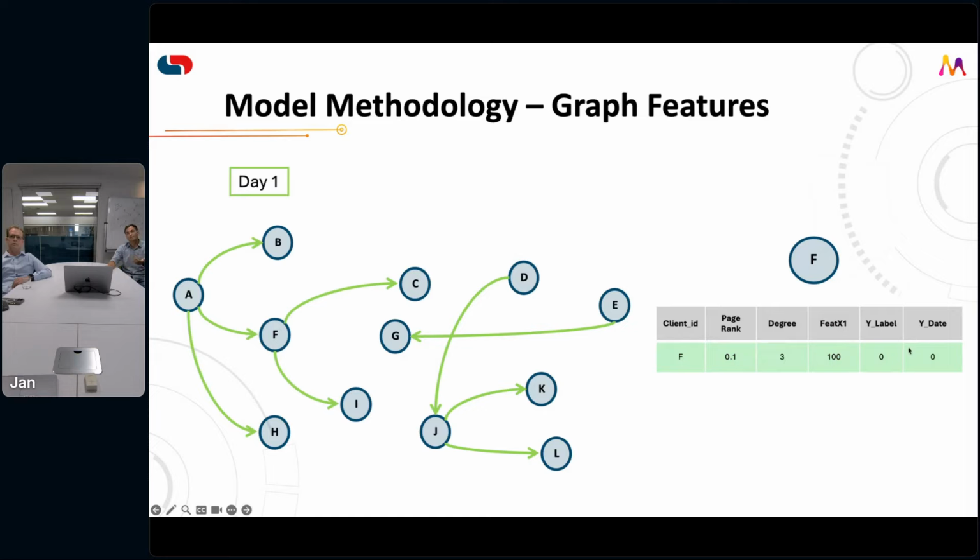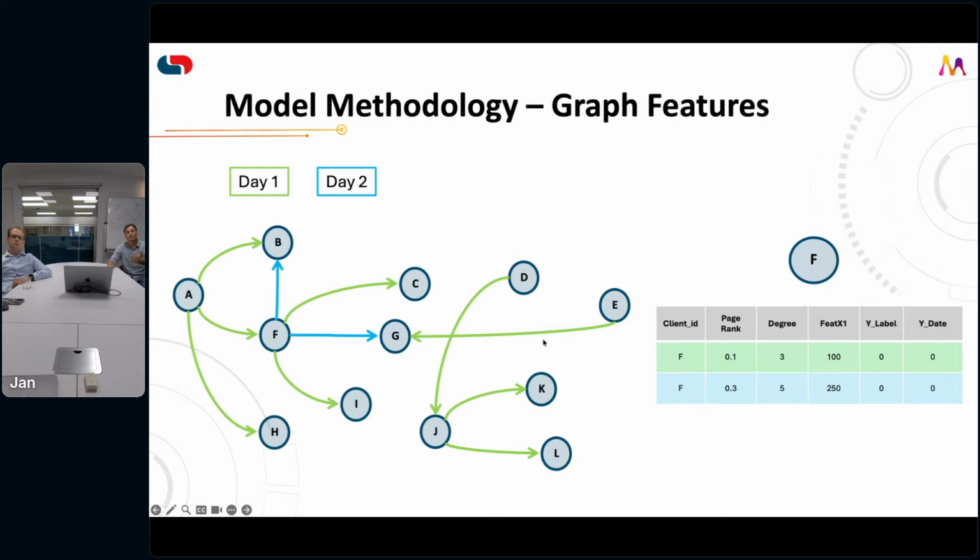Now, this is your targets, and this Y date is very important and must be tracked in graphs, as we'll get to why soon. But the main thing that you need to understand is if we look at node F and say on day 1, the graph looks like this. Next day, it gets more connections and the page rank value might go up.